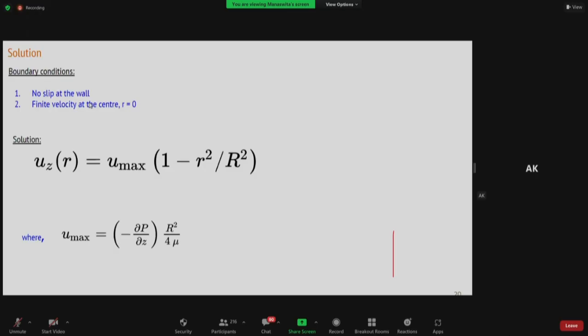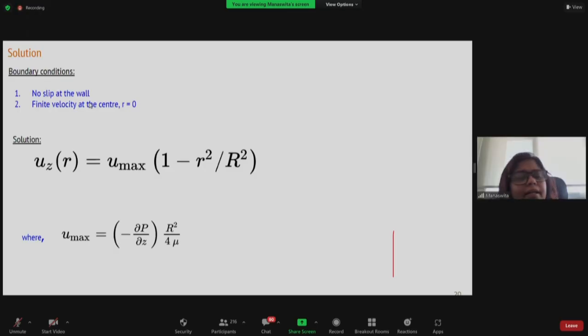Generally, it is the other way around. If it is a pressure-driven flow, I can't see how you can have delta P delta Z equal to 0.